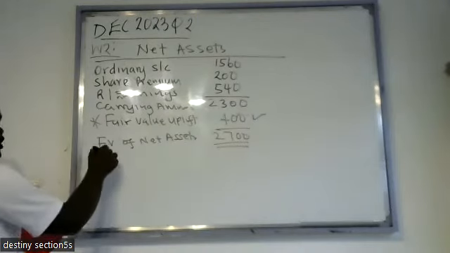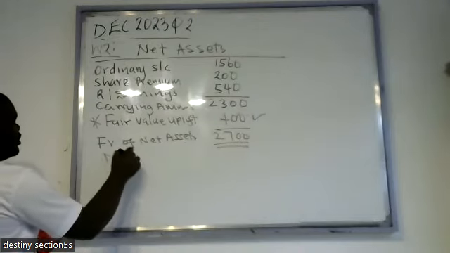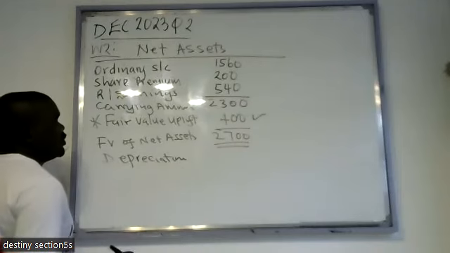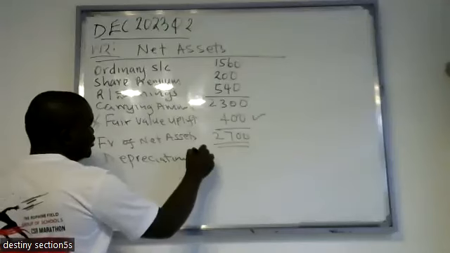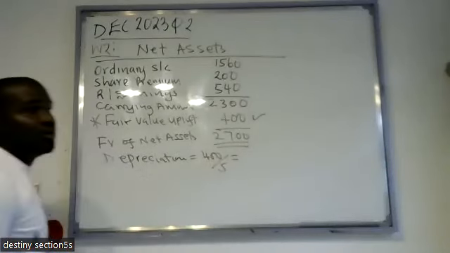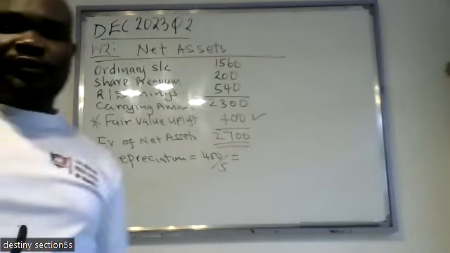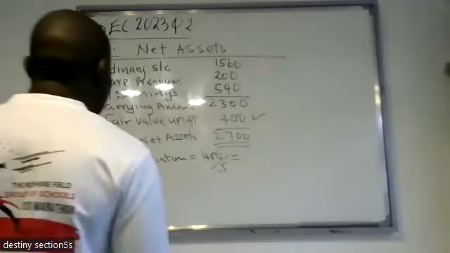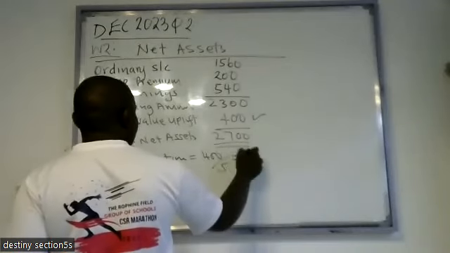So depreciation is going to be 400 divided by 5. 400 divided by 5 is 80. That is what you have to appreciate. That is 80.